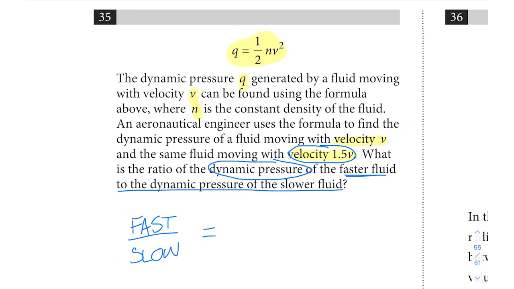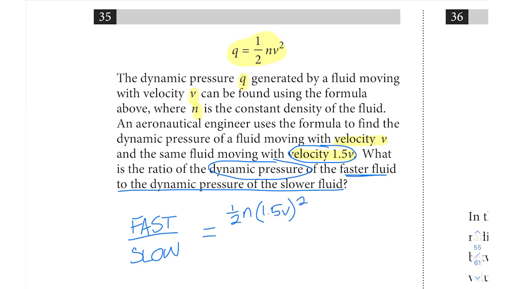Okay. Well, we know the formula 1/2 nv squared is going to apply for both. And so for the fast one, it has this velocity of 1.5v. So we're going to use this same formula that they give us. It's 1/2 n times 1.5v squared.